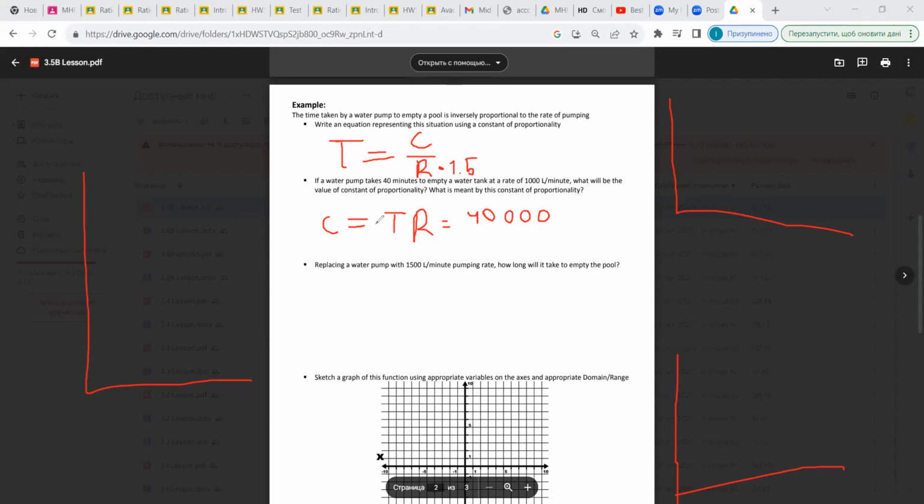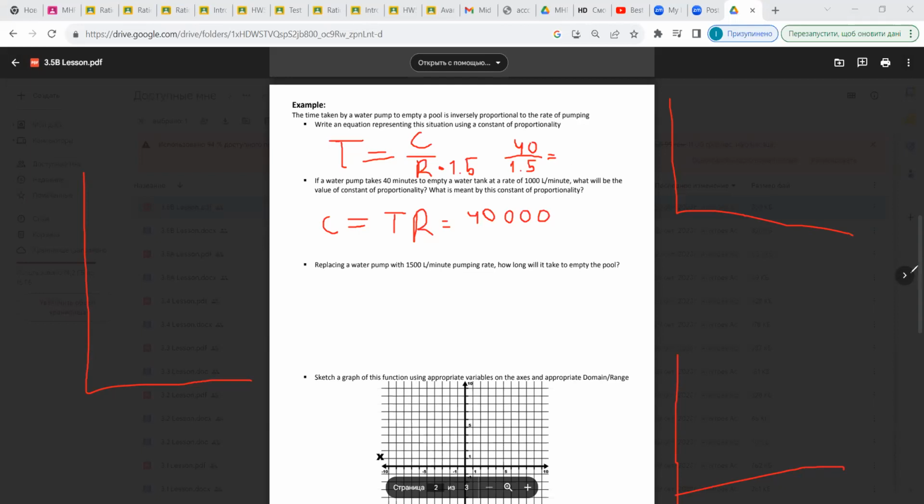Which means the time that it takes to empty the pool, if it was 40 minutes before, should be divided by 1.5. And 40 minutes divided by 1.5, how much is it going to be? 40 divided by 1.5 is 26.6 minutes.